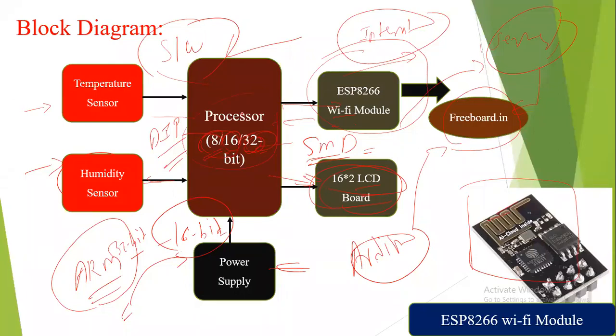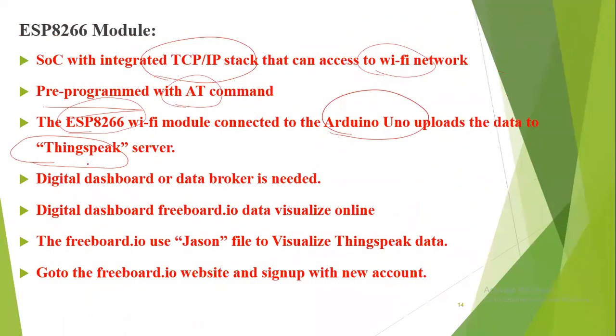Okay. So if you are using the Arduino board, you can put your data through the ESP8266 module to the ThingSpeak server. The company has given the server facility to the users. They can put their data onto the ThingSpeak server. And after putting the data, you need to create your digital dashboard to access that data, or a data broker is needed.